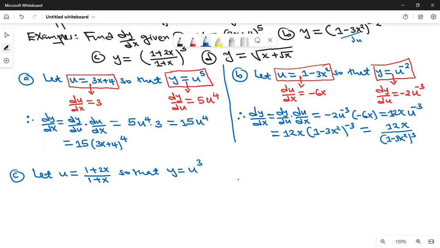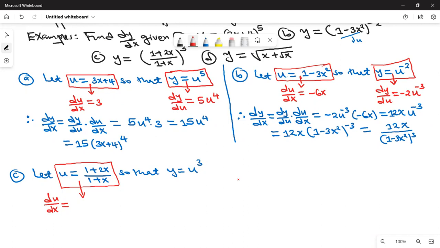So let's differentiate u to get du dx from here. Look at what we are differentiating is a quotient or a rational function where you have to apply quotient rule. So from here, du dx, apply quotient rule. What does it state?